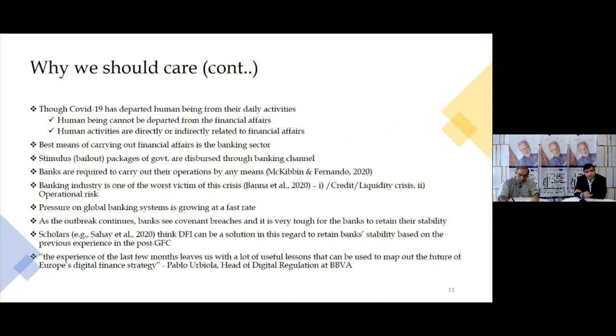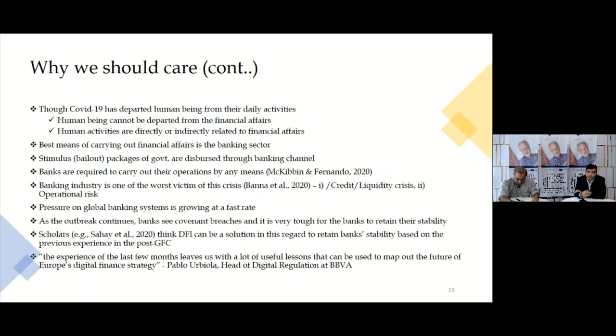And since we human beings cannot be separated from financial affairs, which are somehow directly or indirectly related to us, the financial affairs must be carried out through the banking system, so the banks need to carry out their operations by any means.